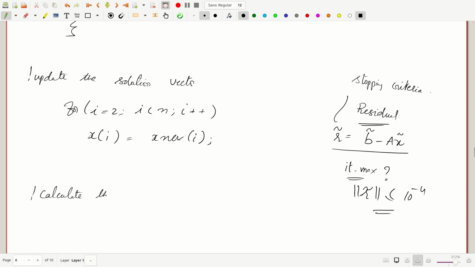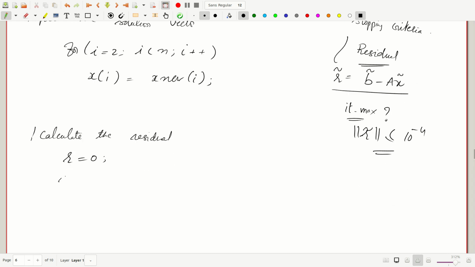So calculate the residual. That means I would initialize residual equal to 0, and then I will use for i equals 1, i less than or equal to n, i plus plus. I can either use all the elements, or I can even use the boundary and interior elements as well. Then we would also initialize, because I would need another Ax calculation, sum equals 0.0.